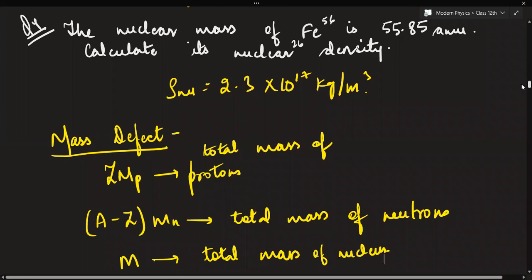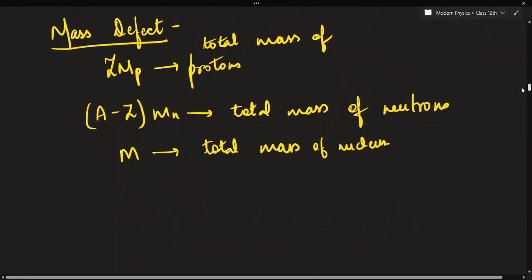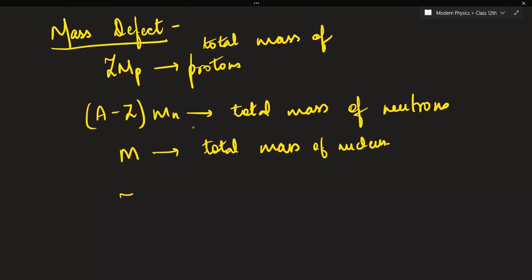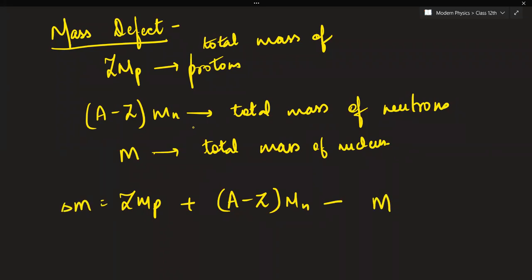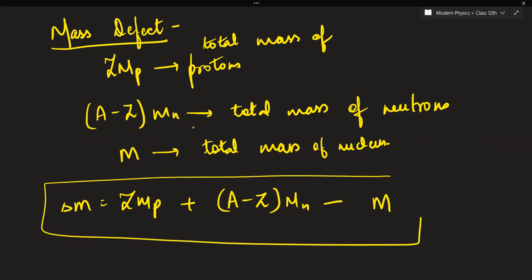So mass defect is basically the sum of the rest masses of the constituents of nucleus, that is protons plus neutrons. So that makes ZMP plus (A minus Z)MN, minus, meaning the difference between this entire term and the mass of the nucleus. This is known as mass defect.